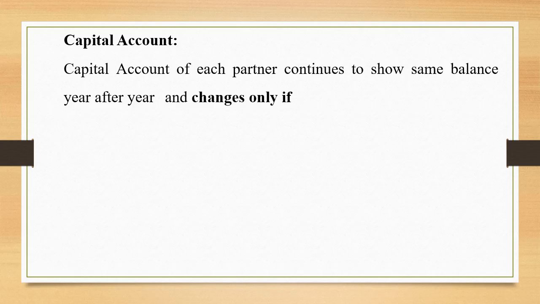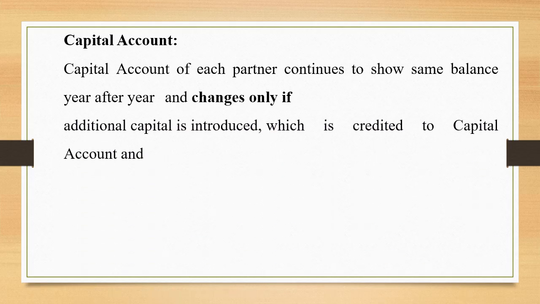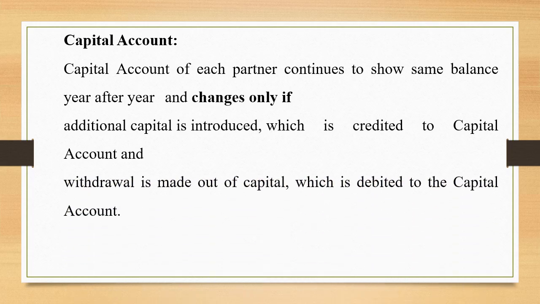Capital account of each partner continues to show the same balance year after year and changes only if, number 1, additional capital is introduced, which is credited to capital account, and second, withdrawal is made out of capital, which is debited to capital account. These are the only two cases where the fixed capital account changes: one, at the time of additional capital, and second, withdrawal out of capital.